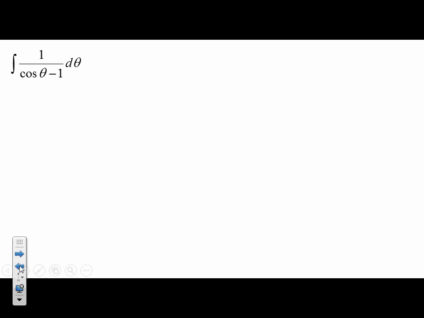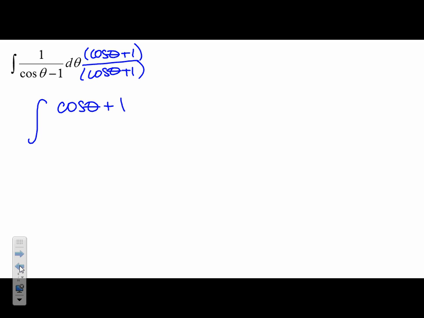So let's go back to here. What would we do? So then our integral would become cosine of theta plus 1 over cosine squared theta minus 1. That's all fine and dandy.